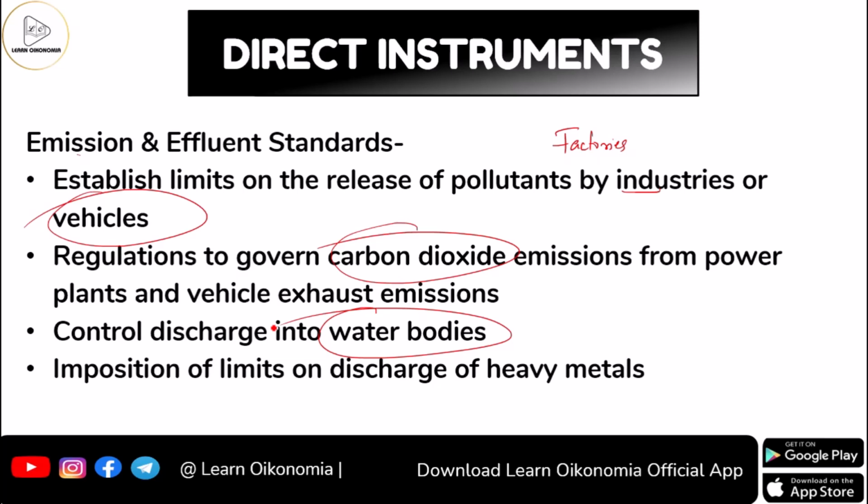How? It is done by imposing certain limits on the discharge that the industries or factories would be doing here. An example of this would be the limits that the government would be charging on the discharge of heavy metals.